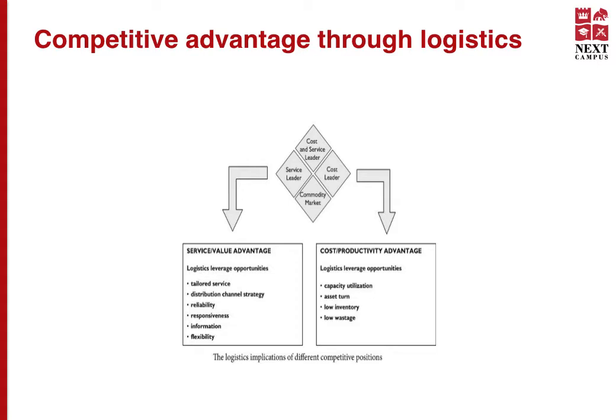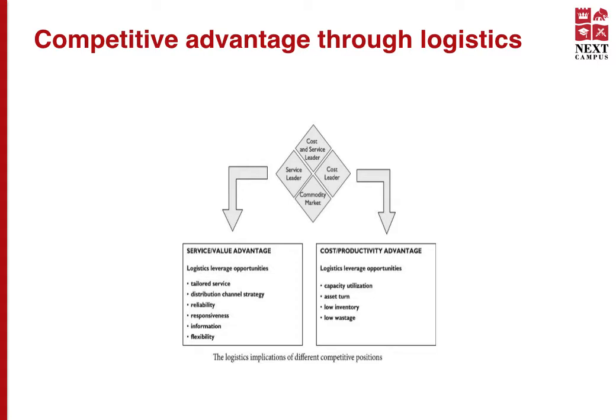Organizations should decide whether they need to pursue a service leader approach or a cost leader approach in logistics. If it is a service leader approach, these organizations can leverage on the following opportunities: tailored service to the customer, distribution channel strategies, reliability, responsiveness, information, and flexibility.